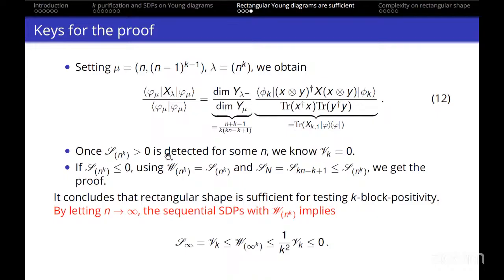You can determine it with the SDP, because this inequality will show you that this value will be 0, so it will be K-block positive. Yeah, there is something missing. Okay, I guess it's clear. Thank you for your comment and question.